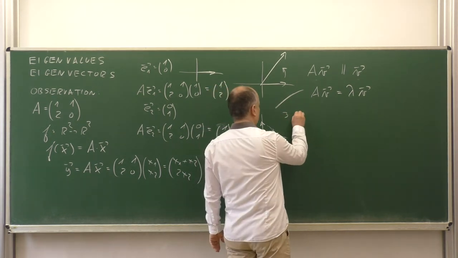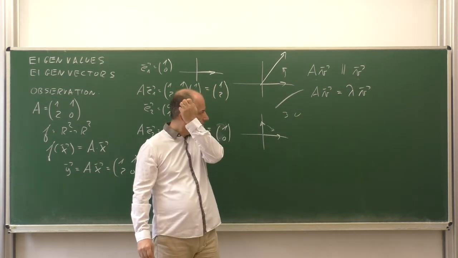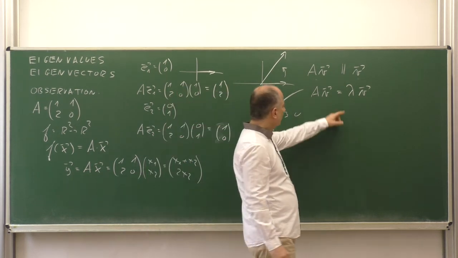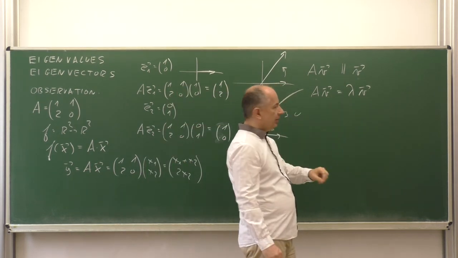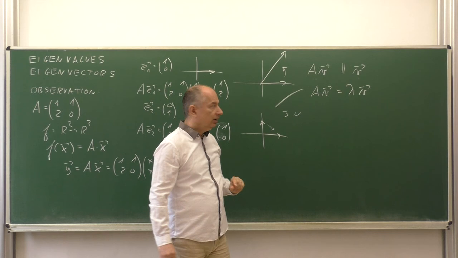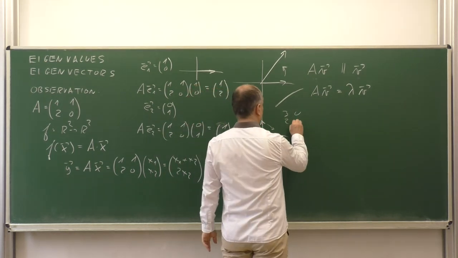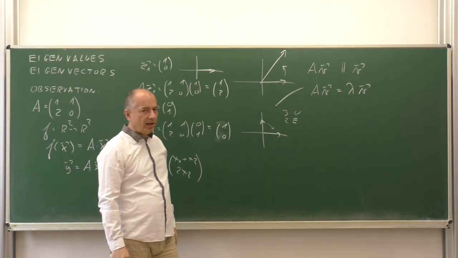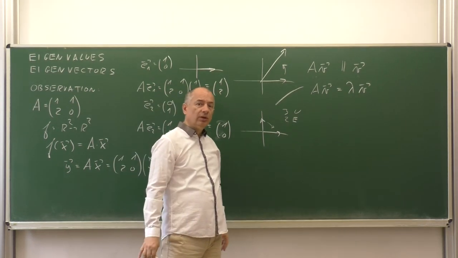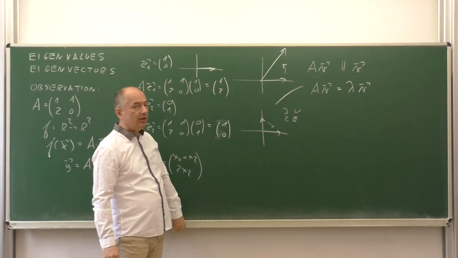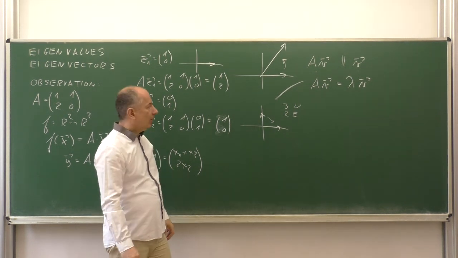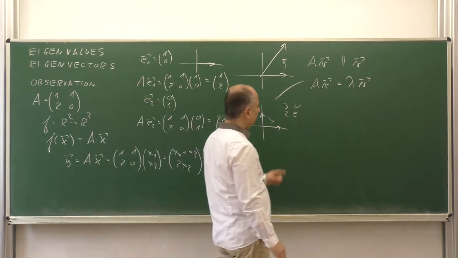So we have three unknowns. And how many equations? This is an equality between two vectors. That means two equations. It looks like there will be more than one solution, right? If we have more unknowns than equations, we can expect more solutions than one.